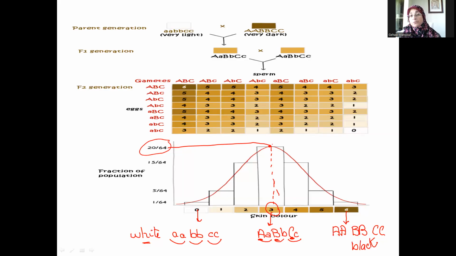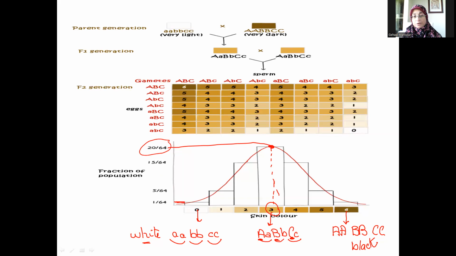As in any curve, the majority is the intermediate form of the trait. So here, the majority of the individuals, which are 20 over 64, have the intermediate skin color, whereas the extremes, having 0 dominant alleles and 6 dominant alleles, represent only a minority.